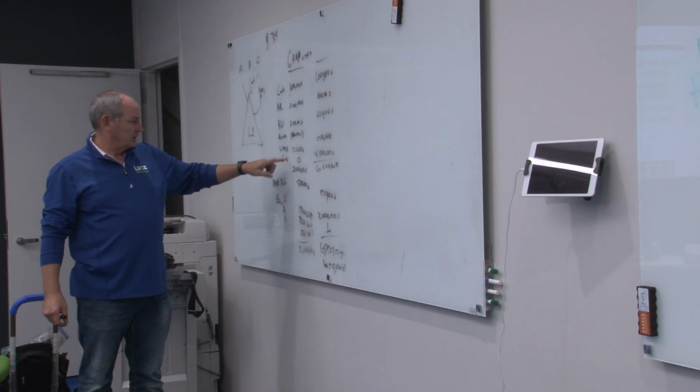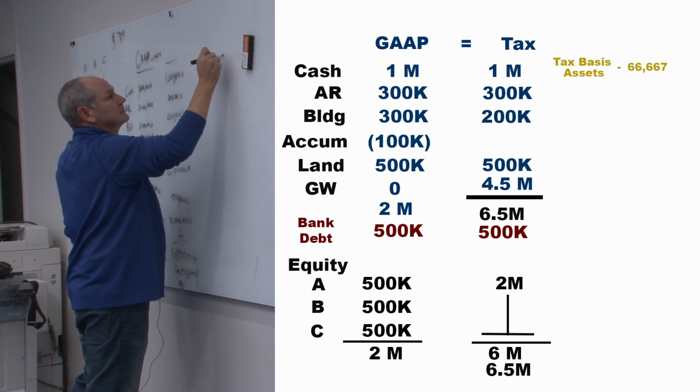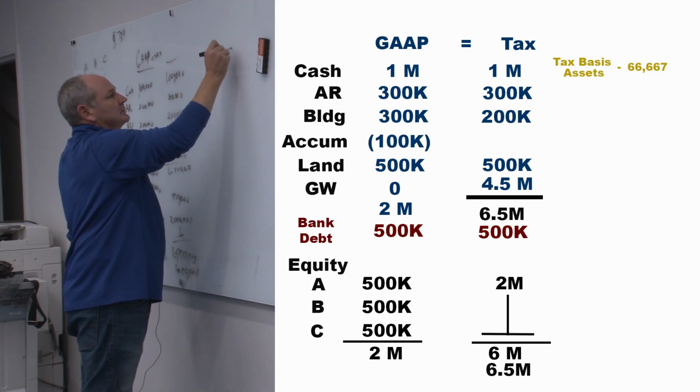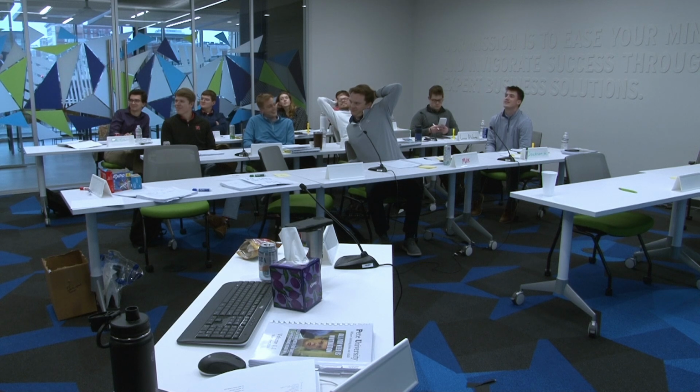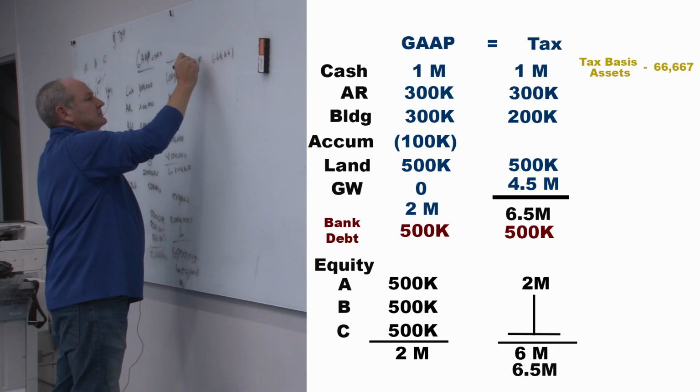What's 1/3 of 2 million? 667. Is that the right number? Rounded up, all sixes. Yep. And 1.7 of that. Let's go with that. And 6.7. These are tax basis assets.